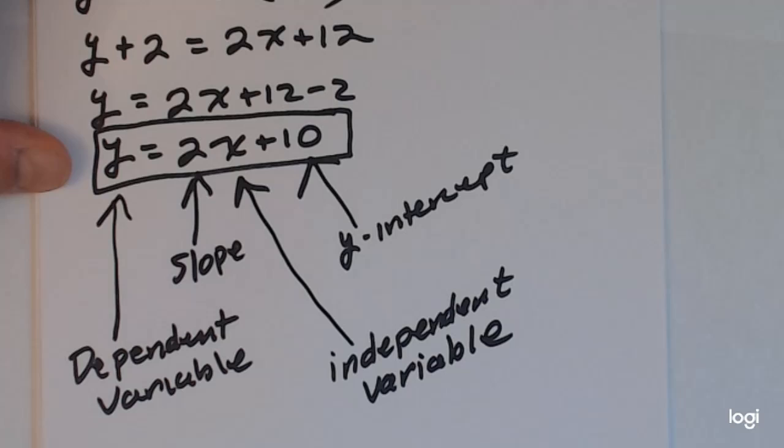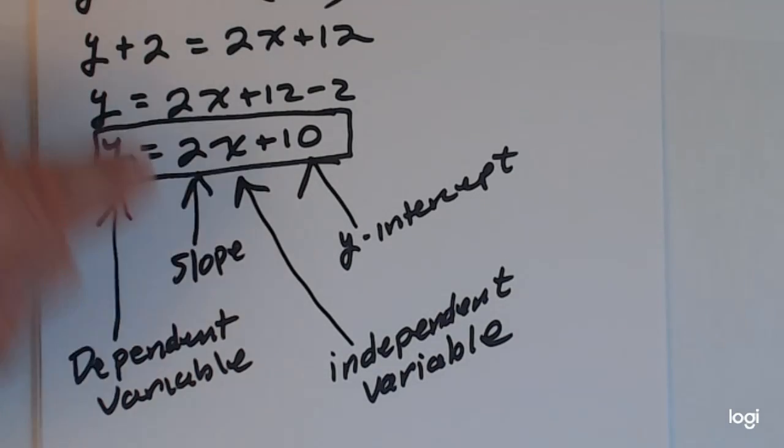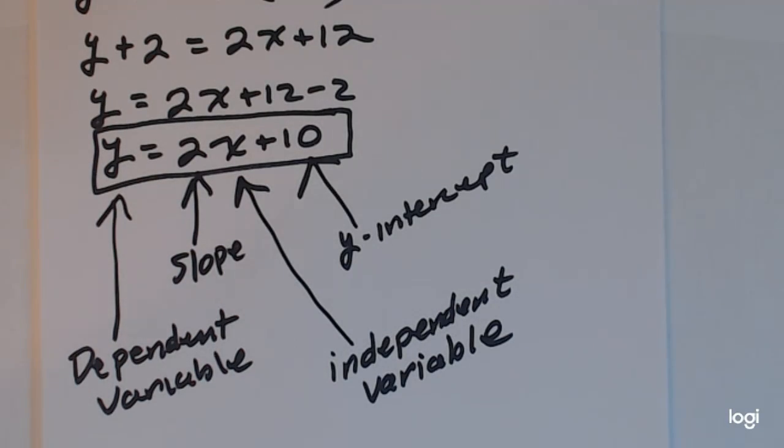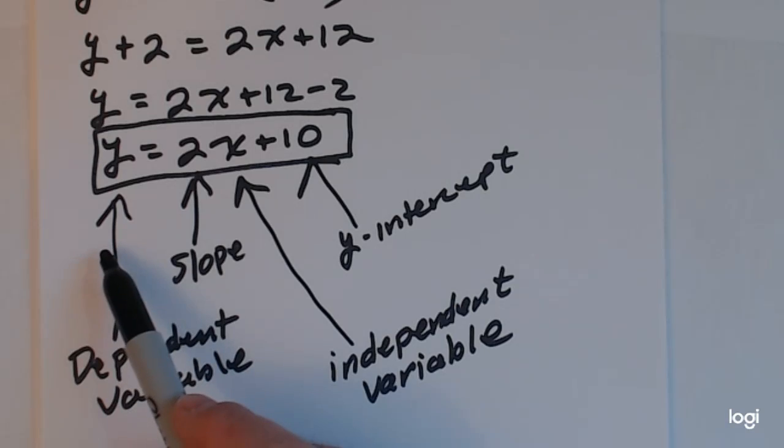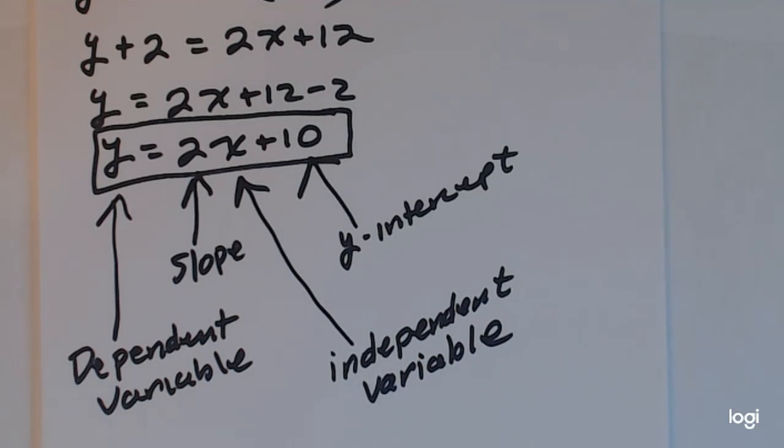And y is the dependent variable because it depends on the value of x. So we can always predict y with 100% certainty given a value for x.